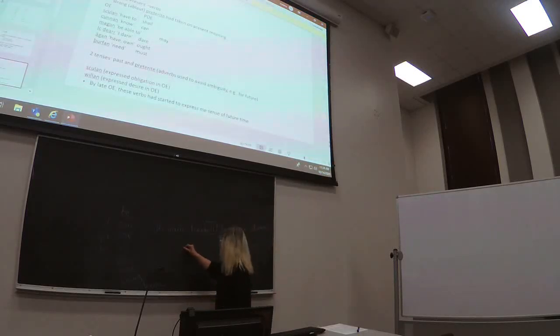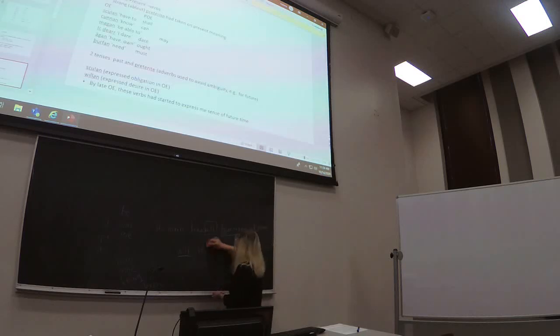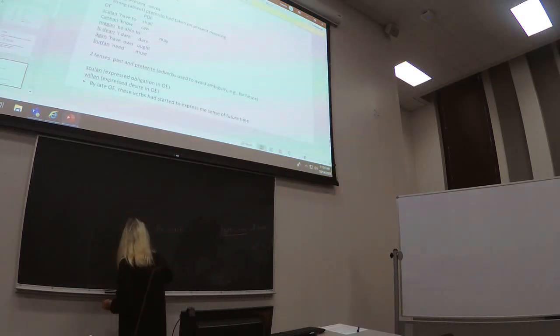We could, of course, say the train will leave, but this is not a suffix that attaches to the verb. And very often we use just the present tense. The train leaves, and then add adverbs to indicate when it happens, to disambiguate.